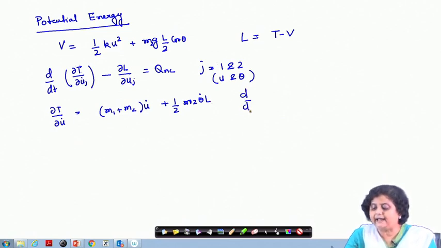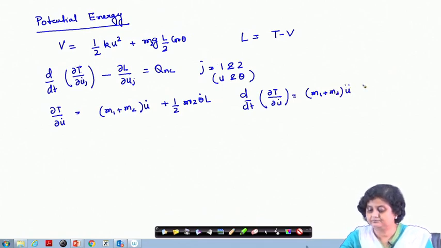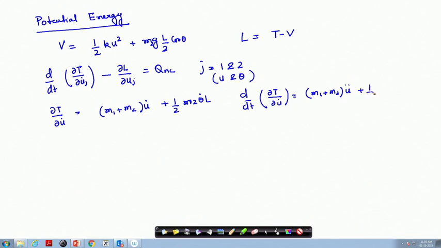So, d dt of that is going to give me the following. Now let us see what is del L by del u. Del L by del u is going to be k into u, minus of that.